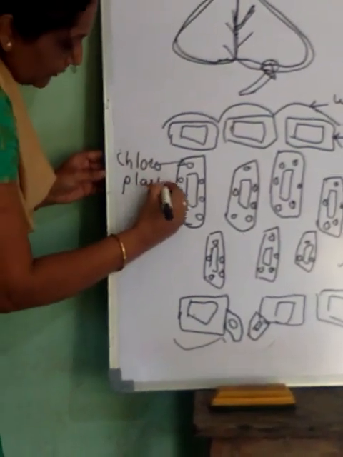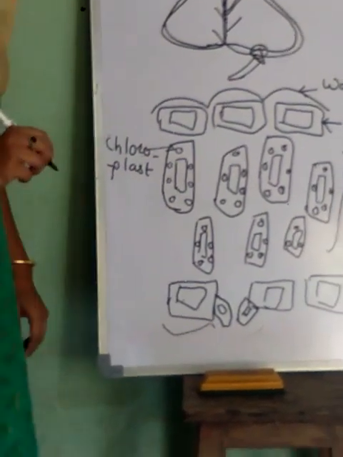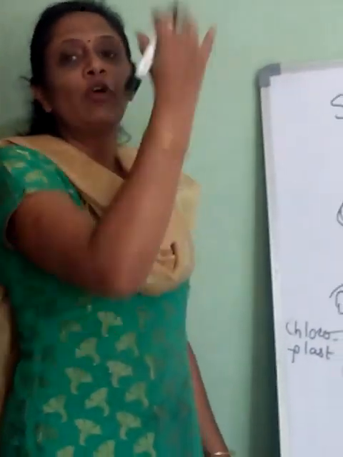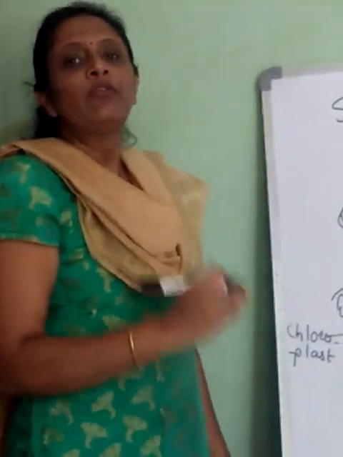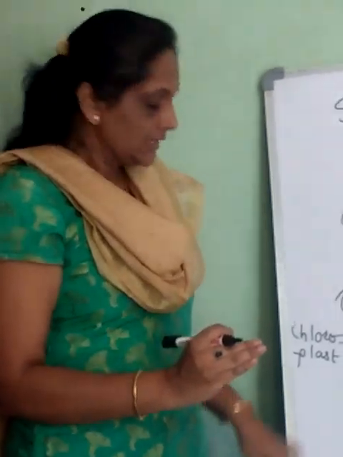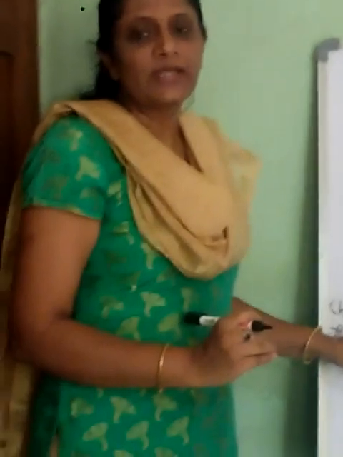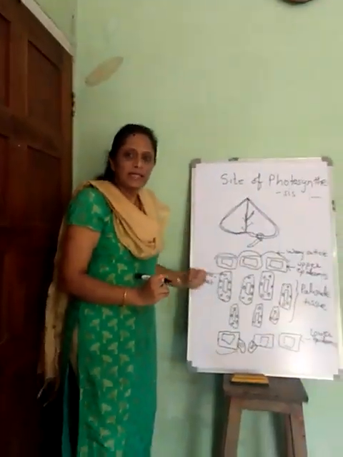And in the chloroplast, chlorophyll is present, which is the green color pigment essential for capturing sunlight for the process of photosynthesis. Inside the chloroplast, the chlorophyll takes in the sunlight.